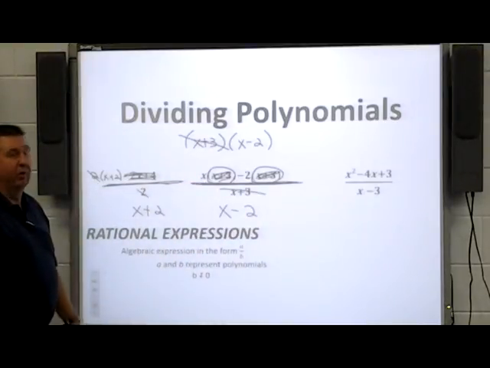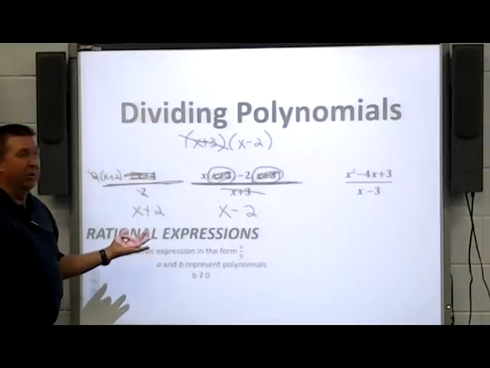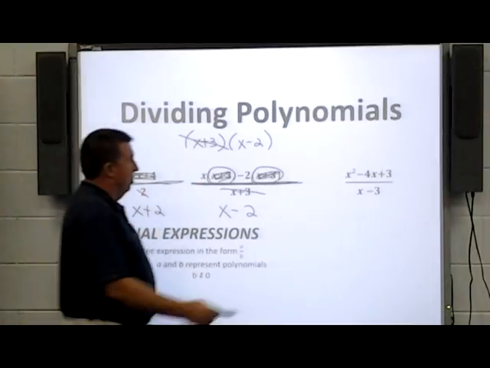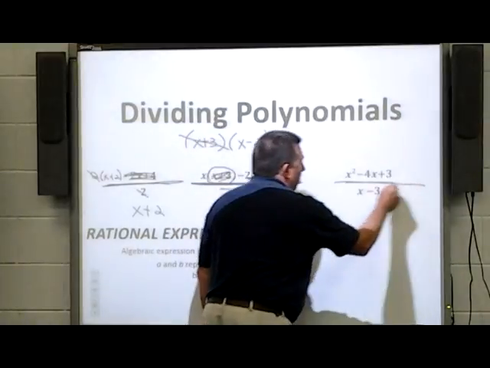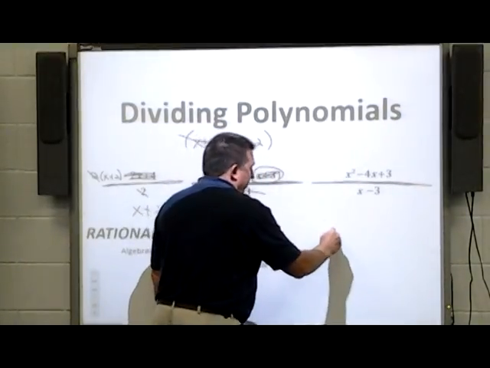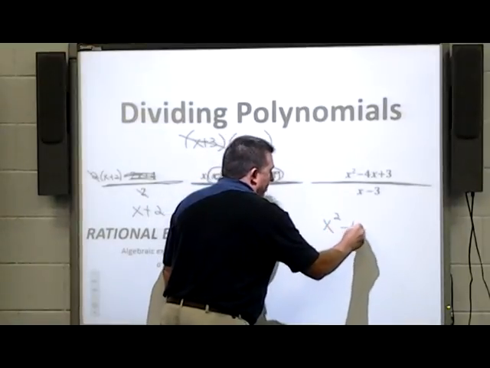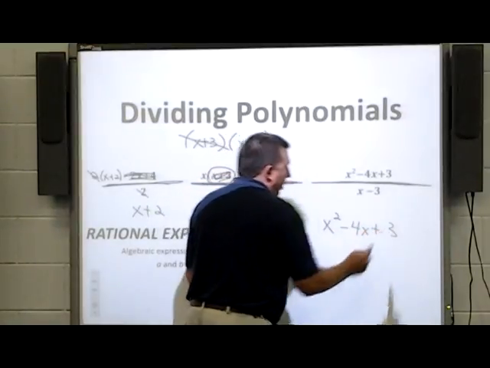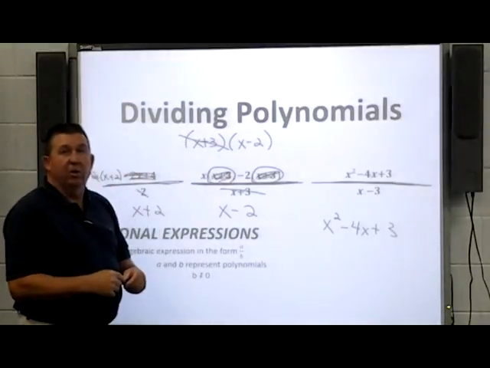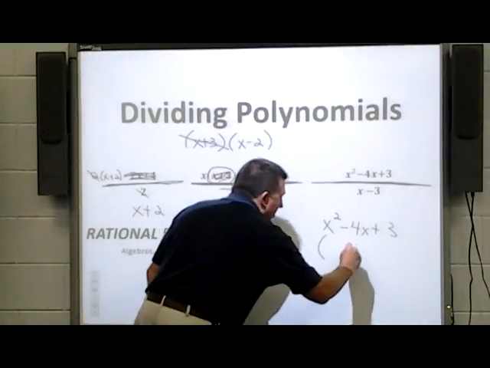The last one involves the factoring. That's why I took you to the factoring, because if you can't factor the top part, you won't get the correct answer. So on this top part by itself, the fraction bar divides the problem into top and bottom. Top by itself, I've got x squared minus 4x plus 3. For me to get the correct answer, I have to factor that trinomial into two binomial factors.